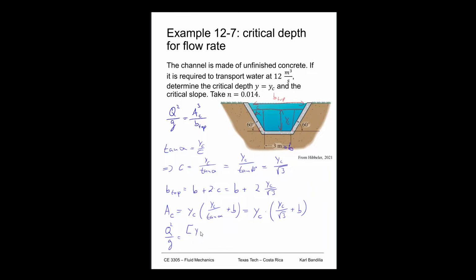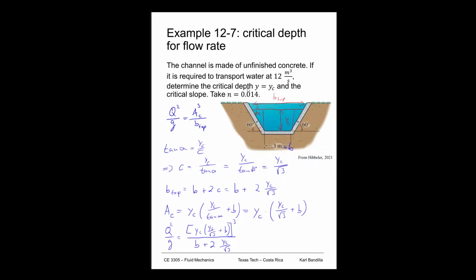That would be y_c times (y_c over square root of 3 plus B), all raised to the third power, divided by B top, which was B plus 2 times y_c over square root of 3.